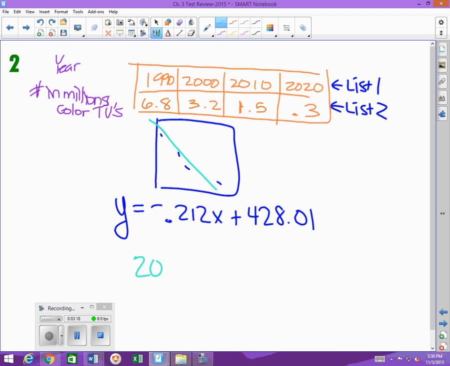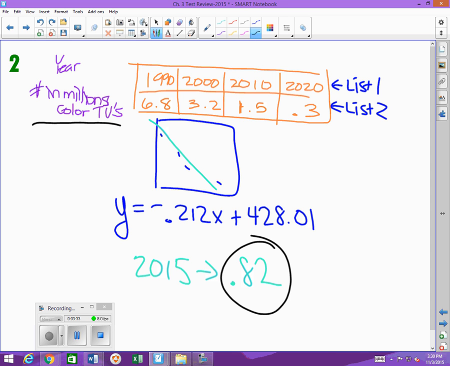And then say in 2015, if you were to figure out what that is, you'd be putting 2015 in and you would get 0.82. In the context of this problem, this 0.82 represents millions of color TVs in the year 2015.